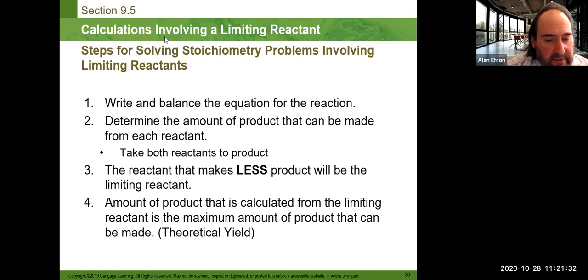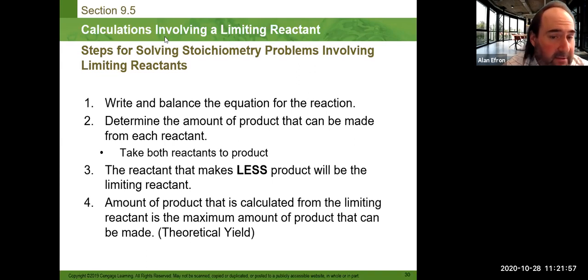And then you're pretty much going to do 2 separate calculations. One calculation taking one of the reactants to the products and figuring out how much it made. The other calculation would be taking the other reactant to the product and figuring out how much it made from that. The one that makes the least amount of product is your limiting reagent and also your theoretical yield.